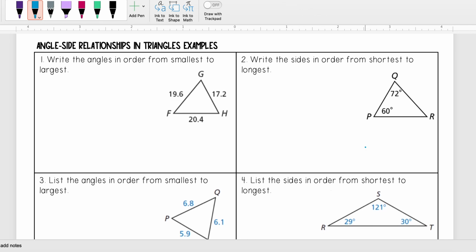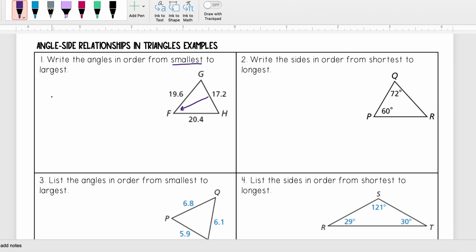So let's look at this first example. First example says to write the angles in order from smallest to largest. So remember, my smallest angle is going to be across my shortest side. And so I see my sides are 19.6, 20.4, and 17.2. So my shortest side is 17.2, so that means that my smallest angle is going to be across from that.